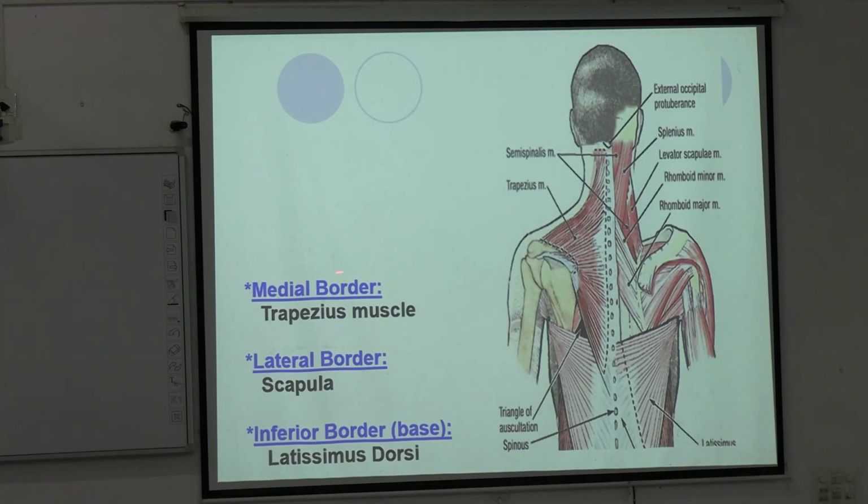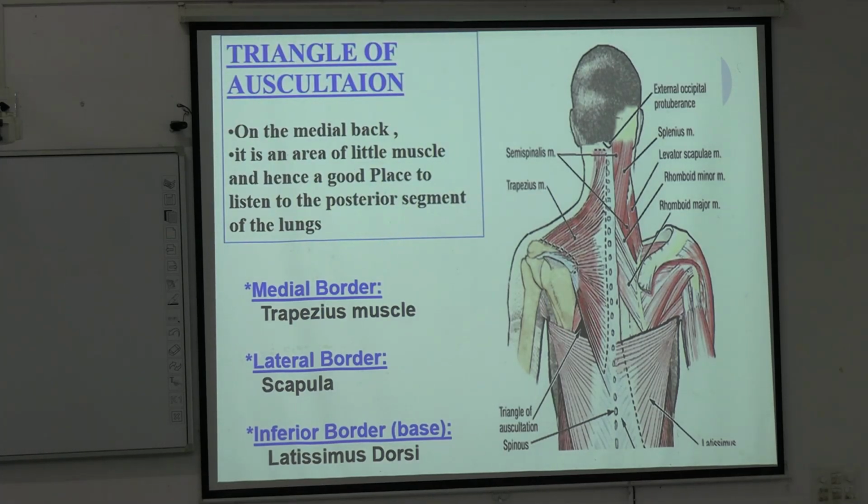So medial border is formed by this trapezius. Lateral border is the lateral border of the scapula, the scapular margin, and inferior border by the lats. So this black shadow region is a good place to hear the posterior base of the lung, or else we can hear the lungs without any obstructions.